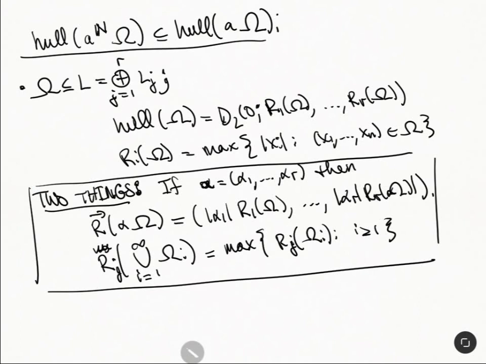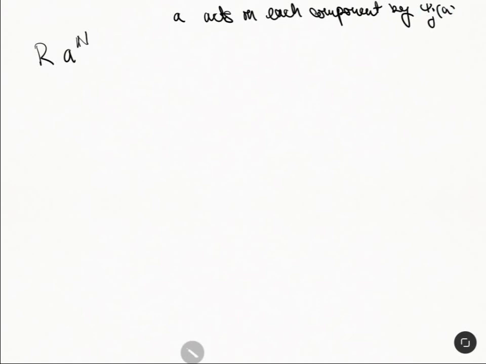And this allows us to then conclude that if I were going to take a to the n, so we want to do r of a to the n, now a multiplies on each component by psi j of a. So a is an element of K^m.